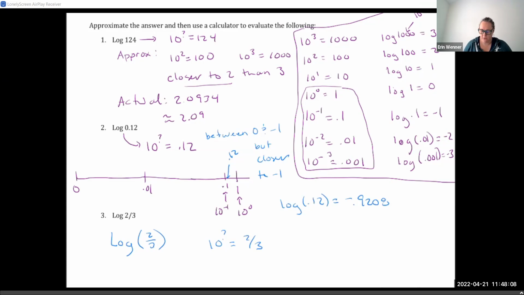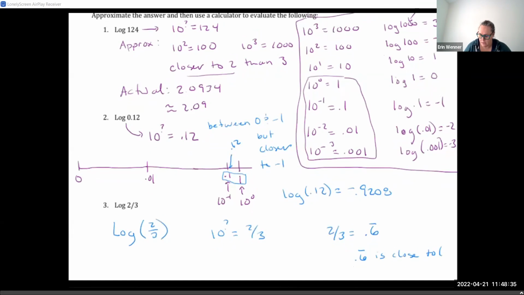Remember, 2/3 is equal to 0.6 repeating. So I think about the continuum between 0.1 and 1, which is where we want to put that number. 0.6 repeating is close to 1.